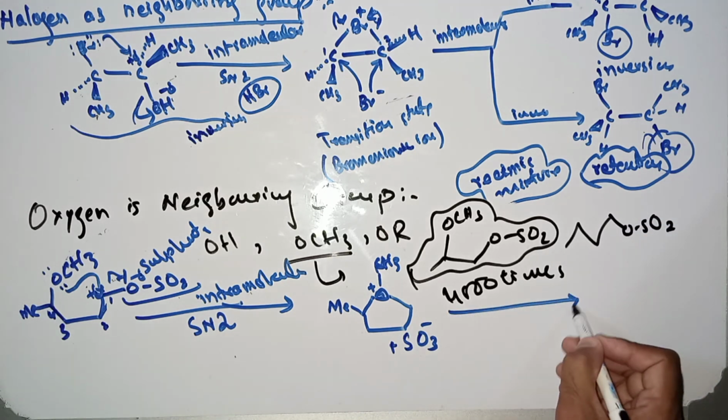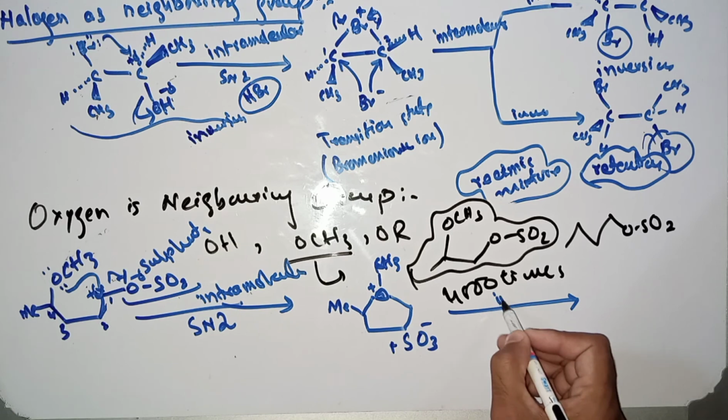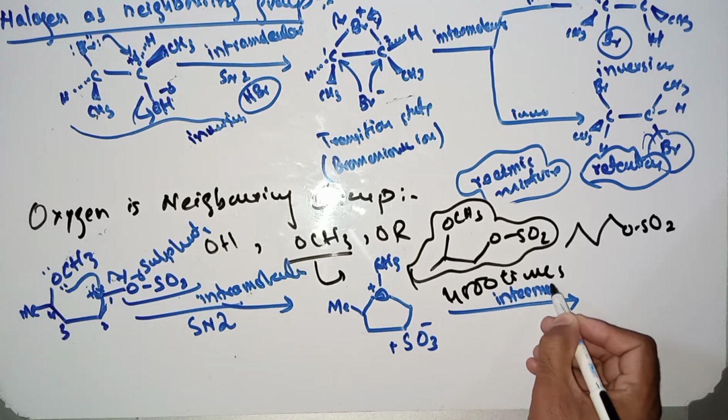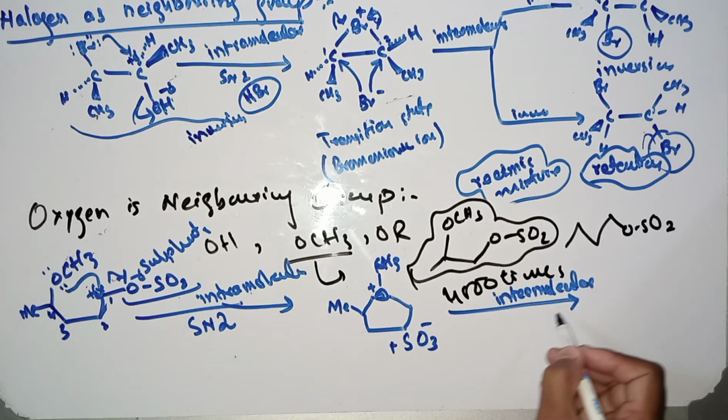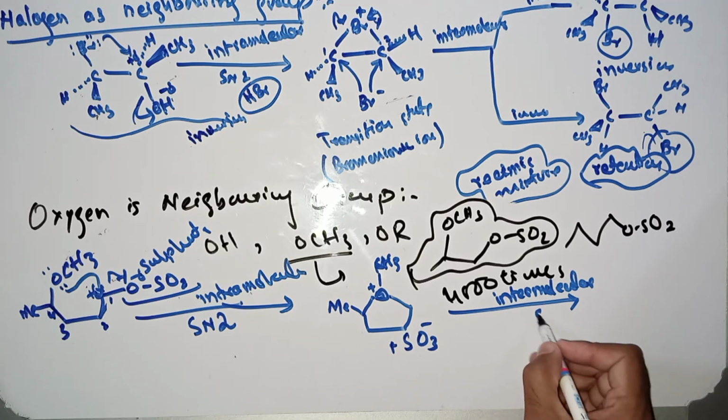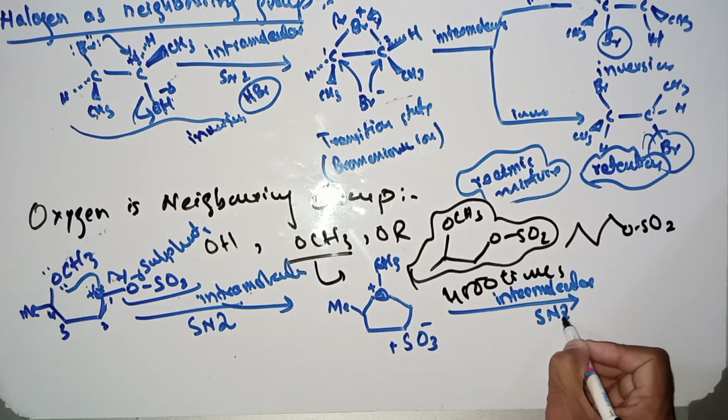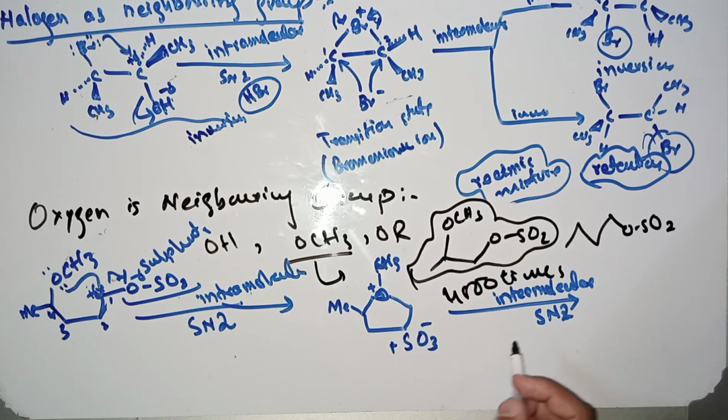After that the intermolecular attack will occur, and this will also pass through the SN2 mechanism. Why will it be the SN2 mechanism?